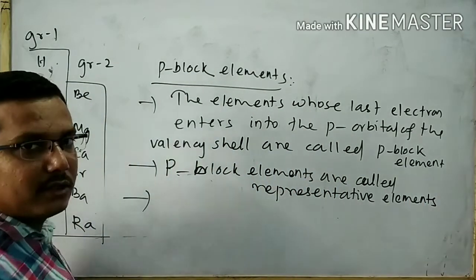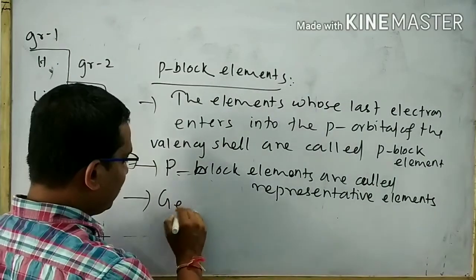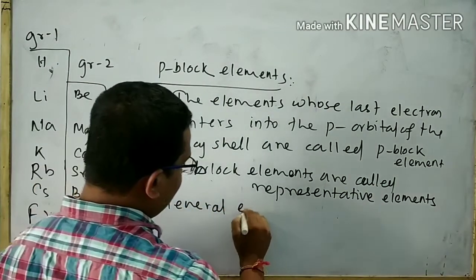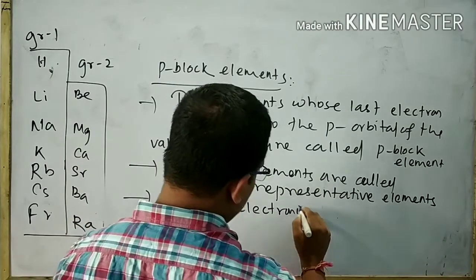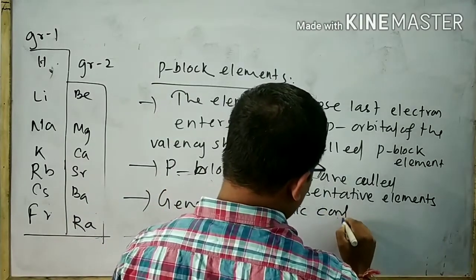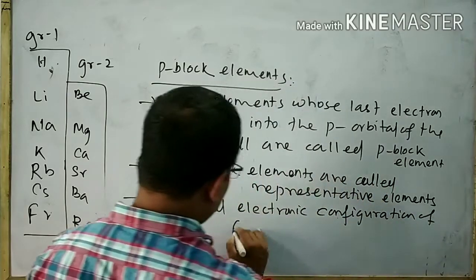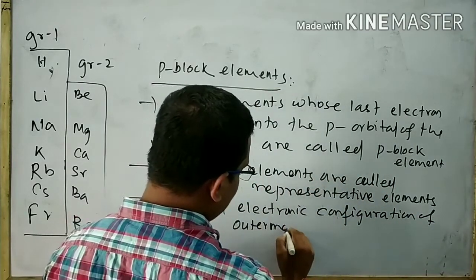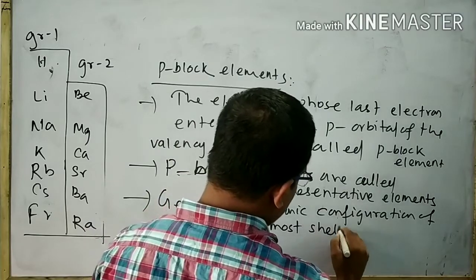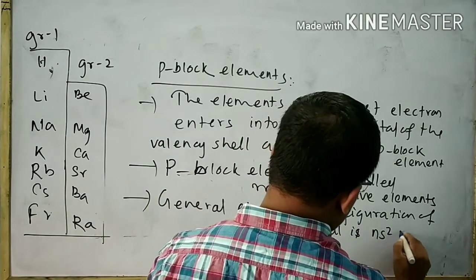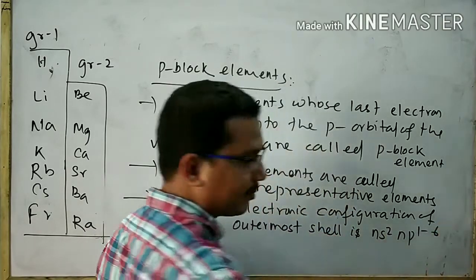The general electronic configuration of the outermost shell is ns2 np1 to 6.